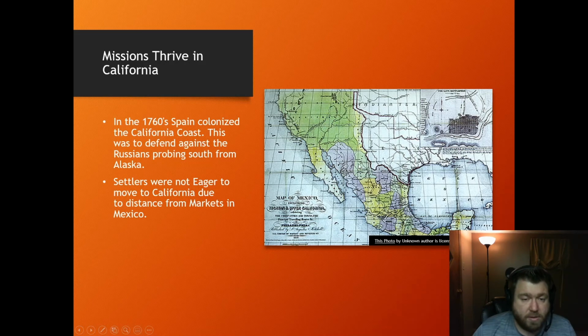That's a very long distance. And oh, what's this between where you are and where the markets are? What's in this area right here? That's all those raiders, all those tribes that are coming through and attacking and stealing your stuff and killing people. It is not a great place to farm in California whenever you have to sell in Mexico, especially whenever those raiding tribes are in the area in between. Rough times.